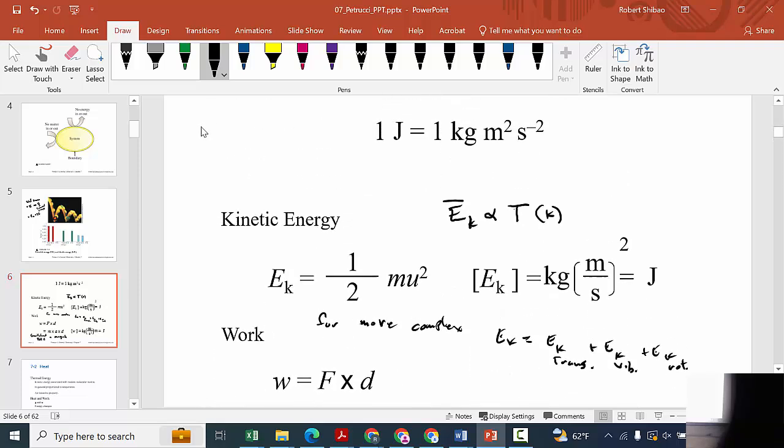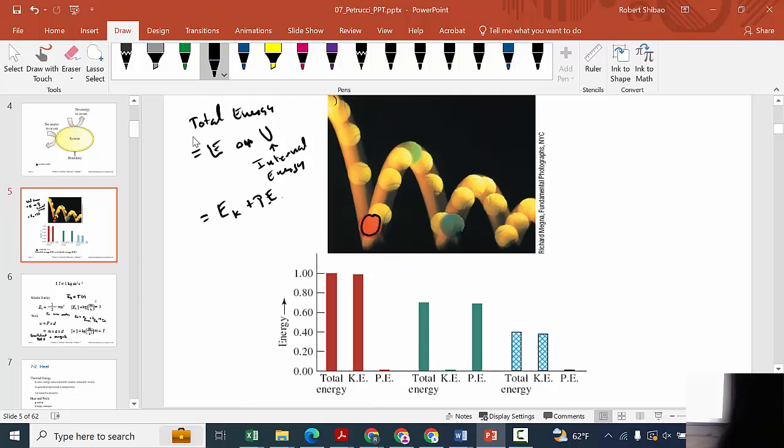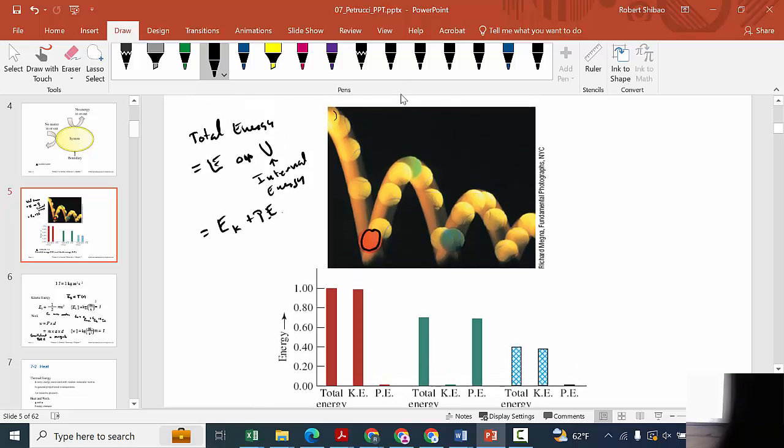So just to go back here, in order to calculate the gravitational potential energy of the tennis ball up here, all we would do is take, so this would be the PE, the mass of the tennis ball times g, which is 9.8 meters per second squared, times the height. The height, I don't know how high this is.